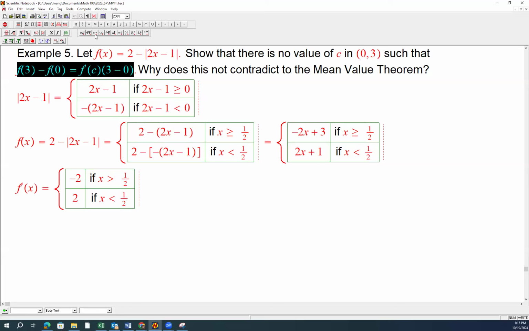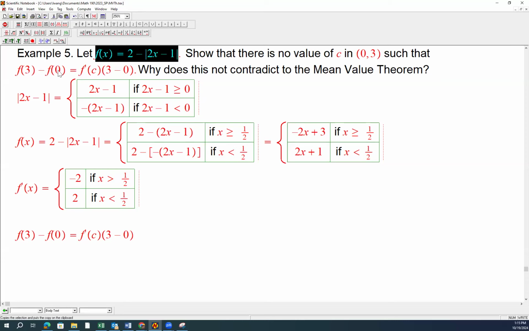So we're going to bring this up and put a number in place. What is f? f of 3 is 2 times 3, which is 6. 6 minus 1 is 5. 2 minus 5 is negative 3.